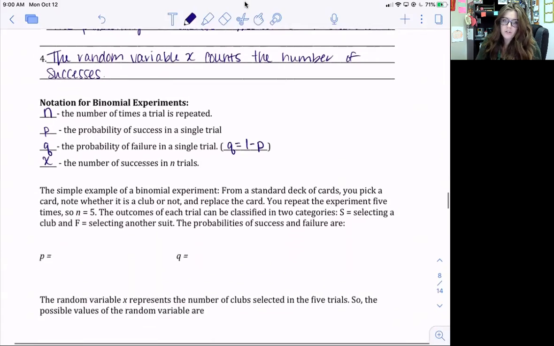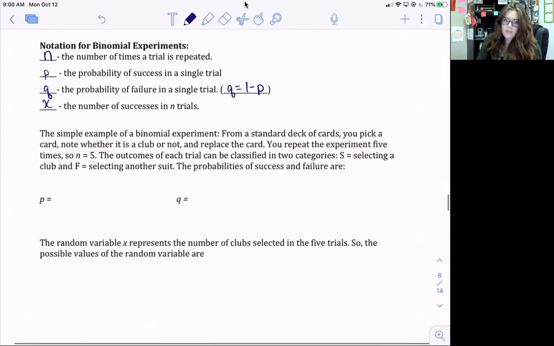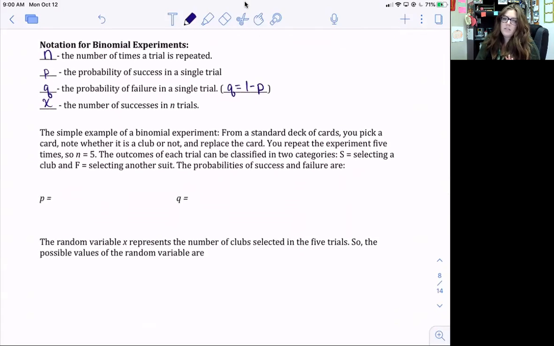So if we look at this first example, the simple example of a binomial experiment, from a standard deck of cards, you pick a card, note whether it's a club or not a club, and replace the card. You repeat the experiment 5 times, so n is going to equal 5. The outcomes of each trial can be classified in two categories: select a club, select another suit.